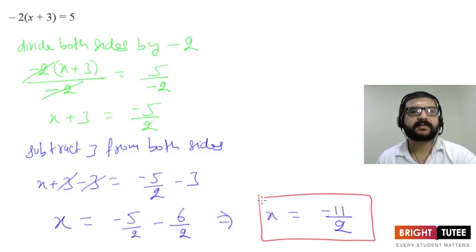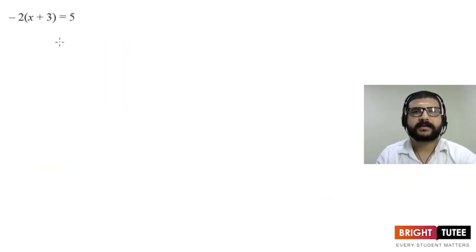Now let's try to solve the same equation by transposing the numbers. So now we have minus 2 into (x plus 3) is equal to 5. So what we will do, first we will transpose minus 2 here. Now the minus 2 is multiplied with (x plus 3) here. So when we transpose it, it will come in division.